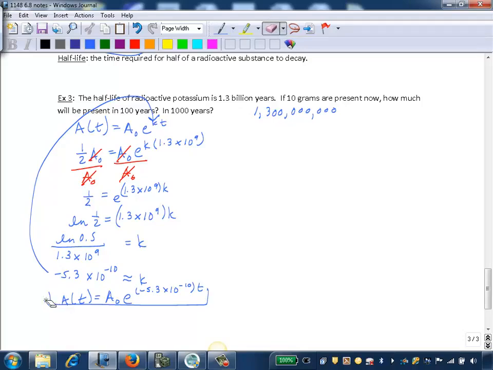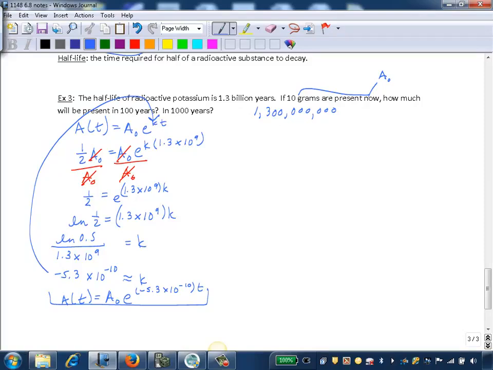Now that we have a model we can use, let's look at the information that we need to find here. They're telling us that 10 grams are present now, so we can look at that as the original amount. So our 10 is our A sub 0. And they're asking us how much will be present in 100 years.